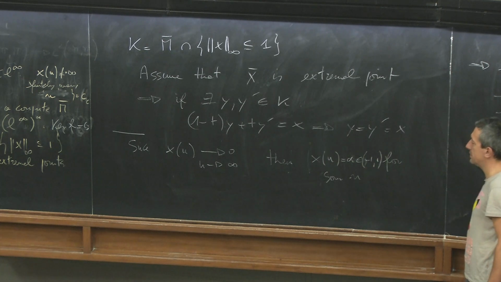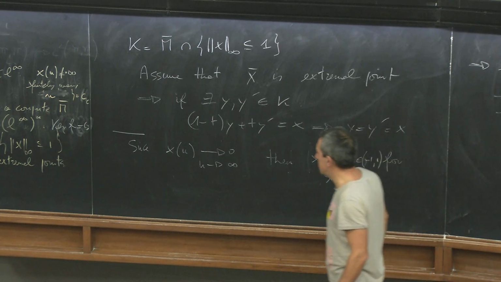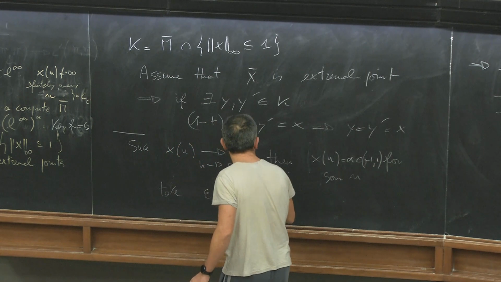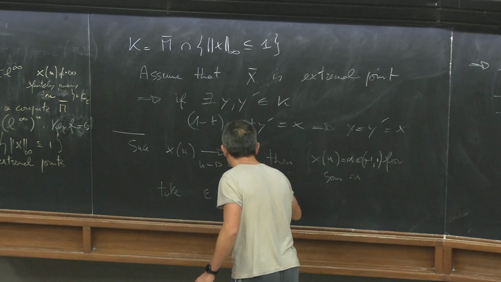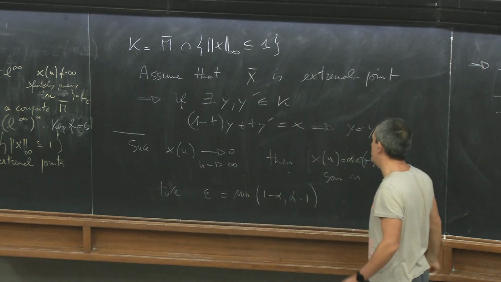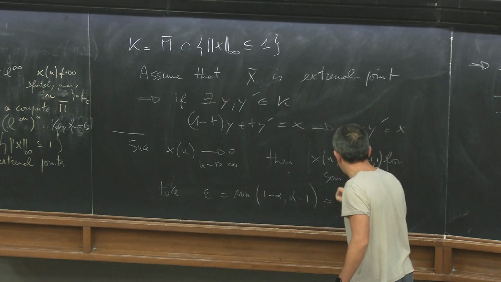So we can compute it. Now take epsilon equal to the minimum, 1 minus alpha, which is the modulus of 1 minus alpha.